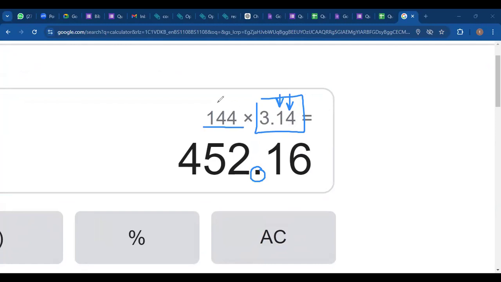You don't worry about that, because it's a whole number, it doesn't determine anything. It doesn't matter how many numbers are in front. The only thing you worry about is the numbers behind the decimal point, and that's how many numbers are behind the decimal point in your answer. So you multiply regularly, and then at the end, you just put the two decimal places right there.